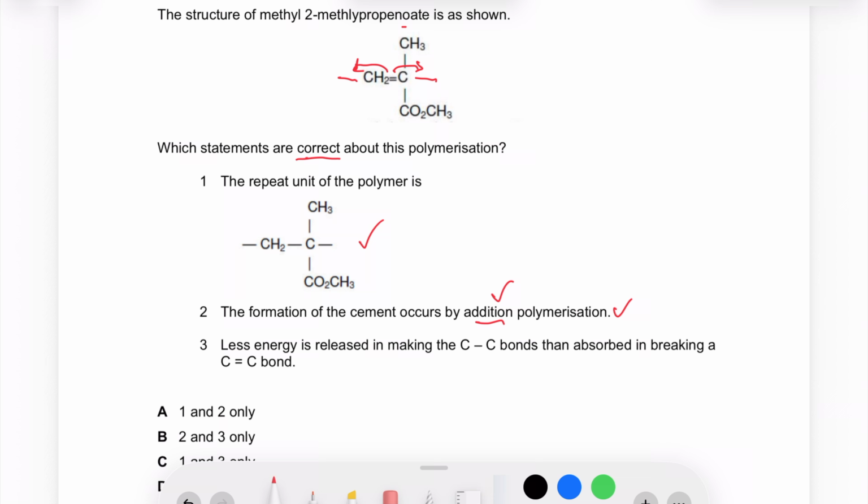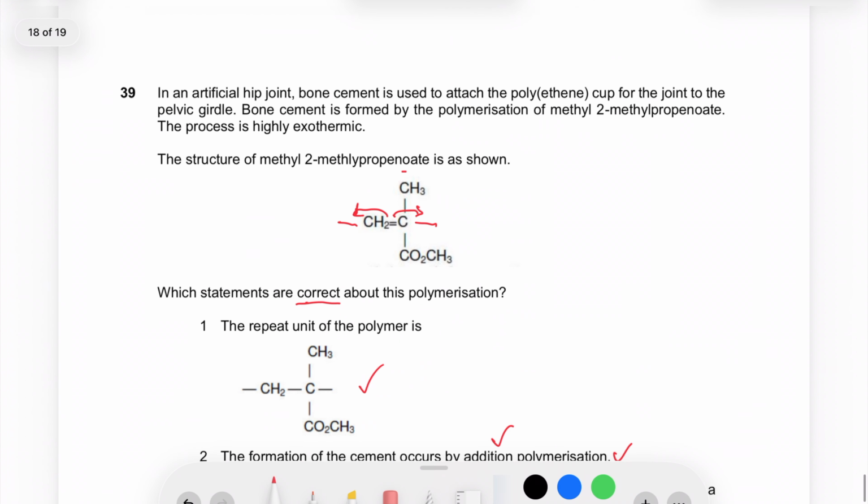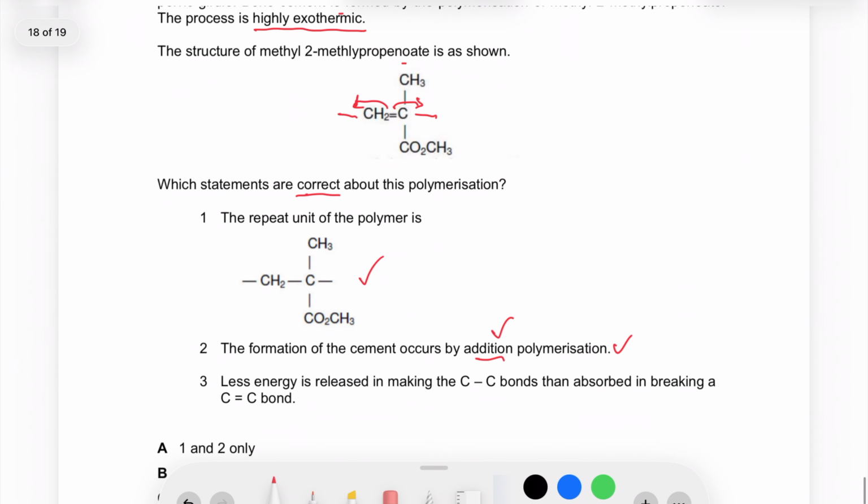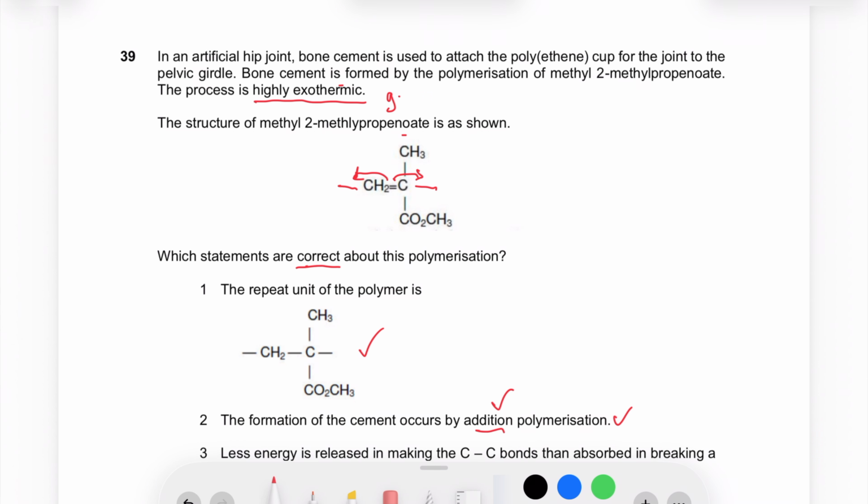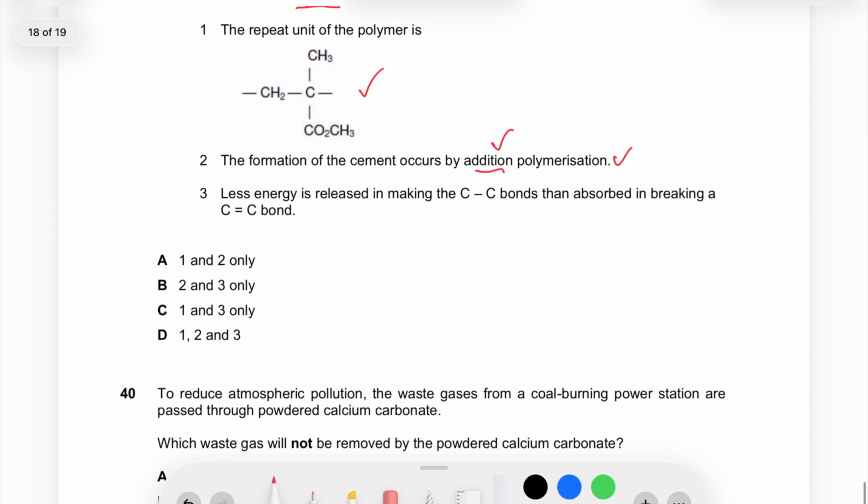Number 3. Okay, less energy is released in making CC single bond than absorbed in breaking a CC double bond. Let me see. Oh yeah, here's the one. Okay, it's highly exothermic. Okay, so bone cement is formed by polymerization of this. The process is highly exothermic. So highly exothermic means give out heat to the surrounding.